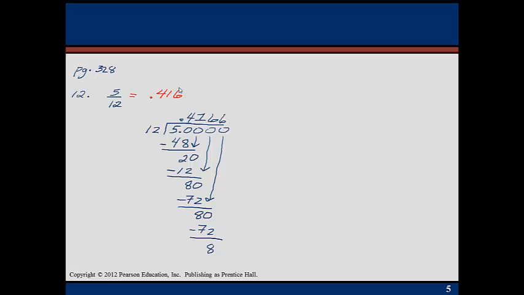What we do now instead is put a bar over the 6. This bar over the 6 means repeat the 6. So your final answer is 0.416 with a bar over the 6. All right, let's look at number 23.